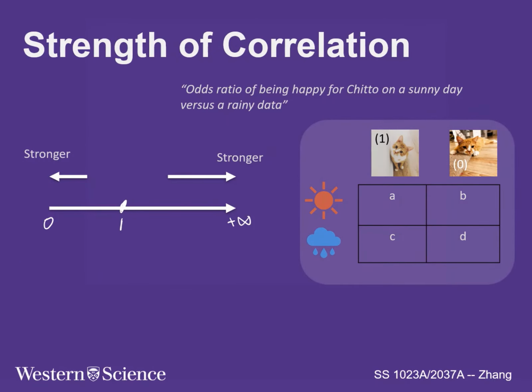The strength of the correlation is determined by how far the odds ratio is away from 1. As the odds ratio increases or decreases from 1, we would expect the correlation to be stronger.